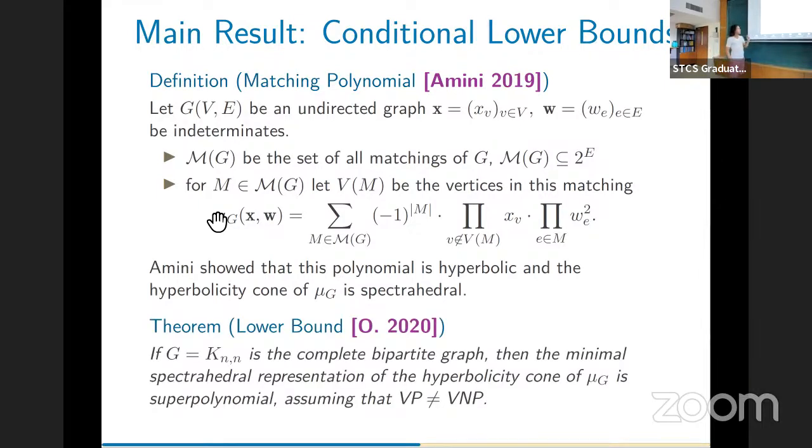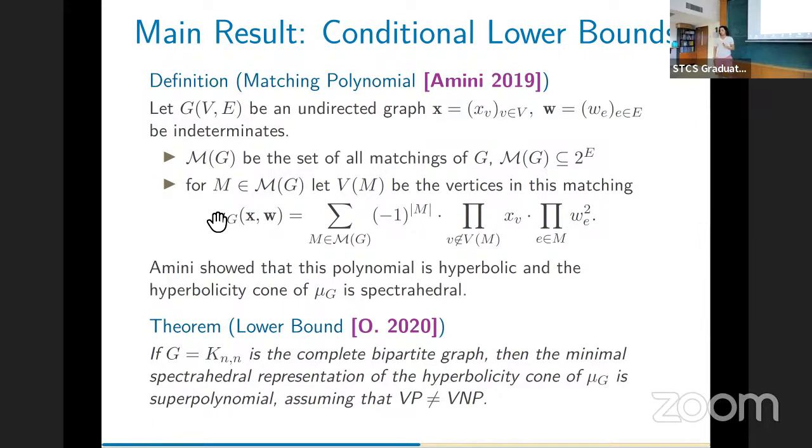And in this, I proved in 2020 a lower bound for the complexity of the hyperbolicity cone of this polynomial. What we proved is that if you just take G to be the complete bipartite graph, then the minimum spectrahedral representation of the hyperbolicity cone of this mu_G will also be super polynomial, assuming that VP is not equal to VNP.